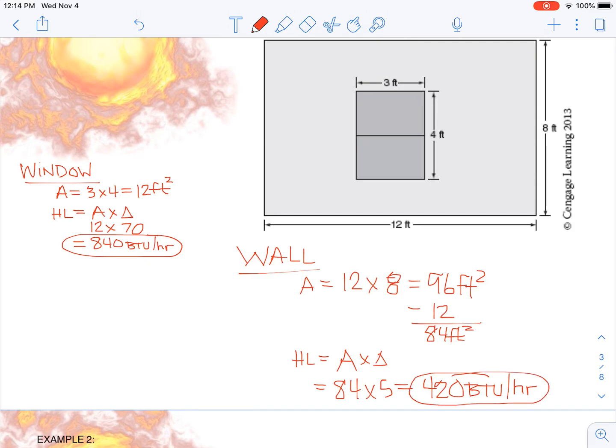The total of those, 420 and 840, is the total heat loss for that room.